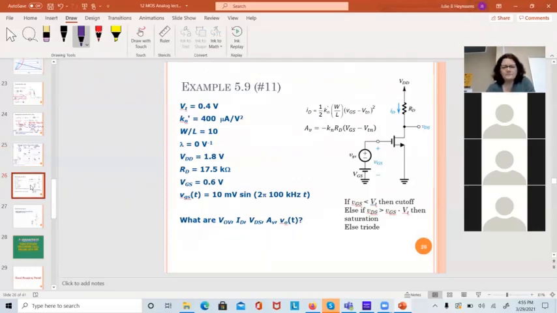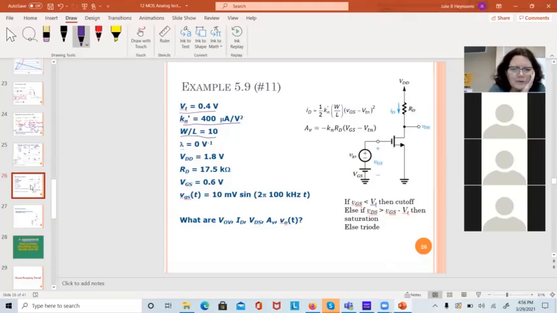Okay. So I've got this amplifier, and I'm given a lot of things about it. I know what transistor it is, so I can look up VT on the data sheet. I can look up KN prime on the data sheet. Well, I can probably look up KN on the data sheet.